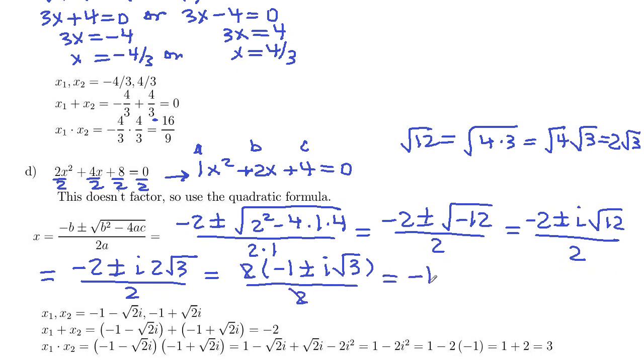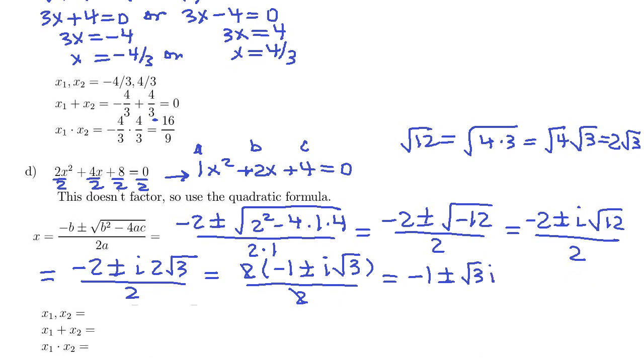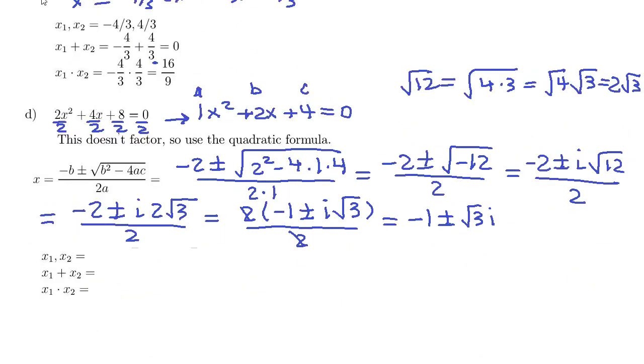So you can write this as negative 1 plus or minus i times square root of 3, or if you want, square root of 3 times i. Your author likes to put the i afterwards. And then let's first list out the x1, x2, then we add them, then we multiply them. So negative 1 minus root 3 times i, comma, negative 1 plus root 3 times i. So those are our two roots.